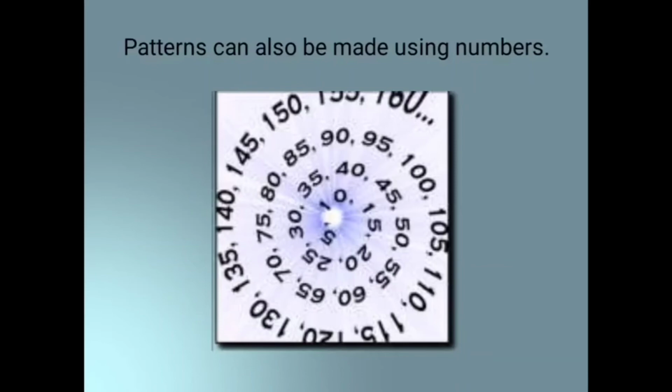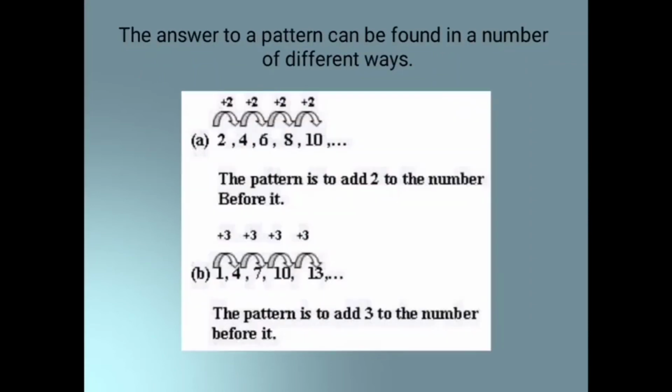Now patterns can also be made using different numbers. Here are numbers. You can use the numbers to make different patterns. See, the answer to a pattern can be found in a number of different ways. The pattern is to add 2 to the number before it. 2 plus 2 is 4, 4 plus 2 is 6, 6 plus 2 is 8, 8 plus 2 is 10.